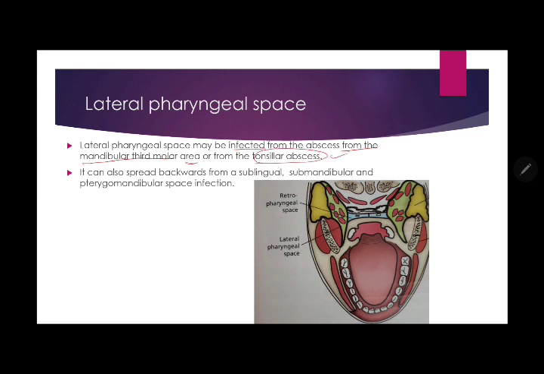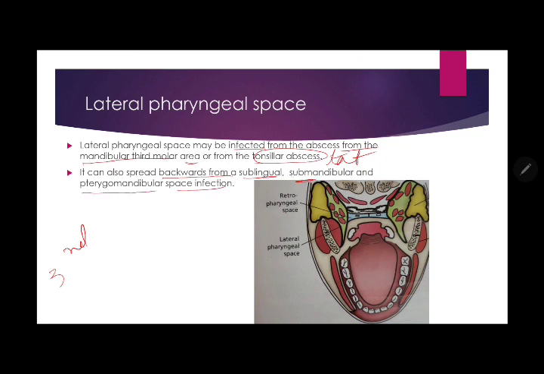So lateral pharyngeal space may be infected from the abscess extending backward from the mandibular third molar area, and more commonly one passing laterally from the tonsillar abscess. This infection can also spread backwards from the sublingual, submandibular and pterygomandibular space infection.